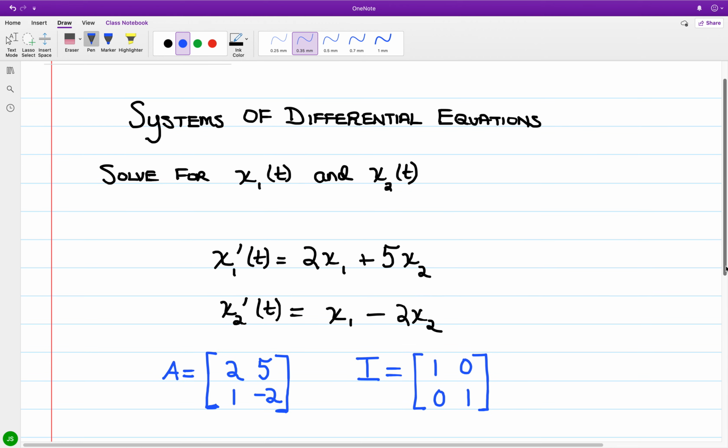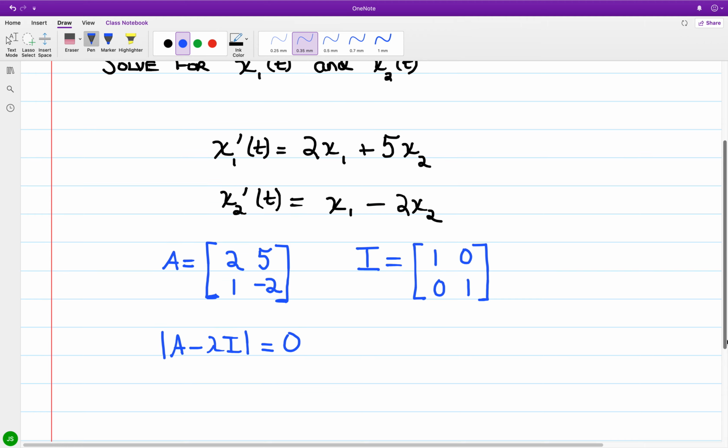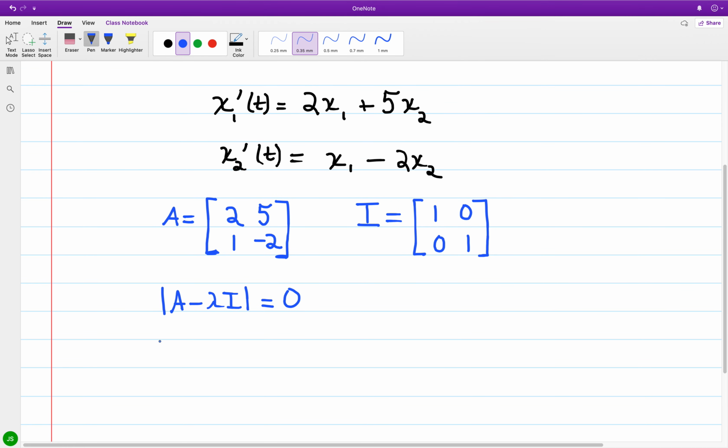Now, looking at establishing the eigenvalues, we're going to start out with a determinant, where we have that of A minus lambda I is equal to 0. And if it's been a while since you looked at determinants, for A minus lambda I, we'll be matching position-wise, column by column, row by row.